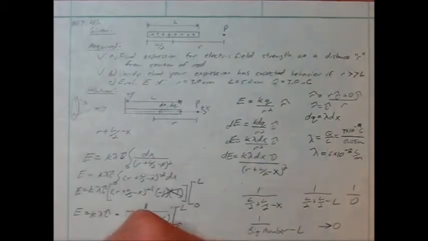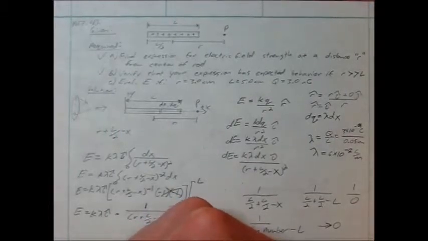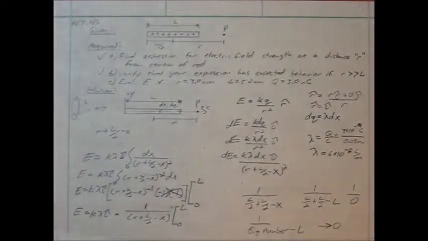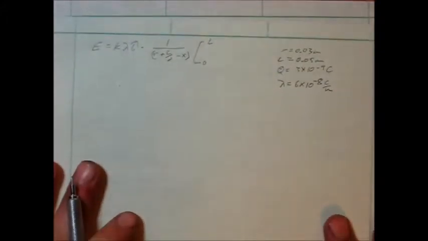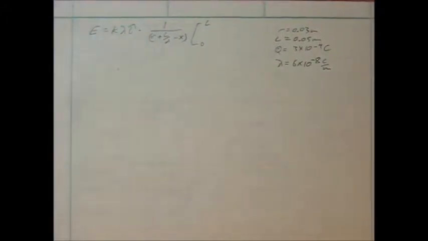And I already calculated charge density, so I'll just put that down here. That's 6 times 10 to the negative 8th coulombs per meter. I think that's everything I need. Okay, let me bring it all up here. There, that's what I was writing down while you guys were going, what the heck is he doing?